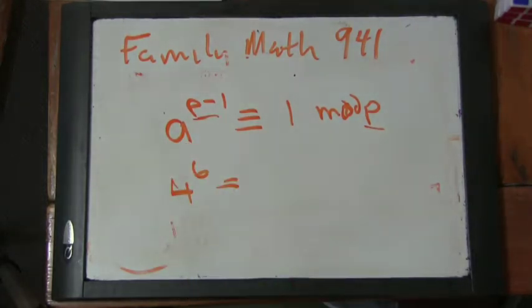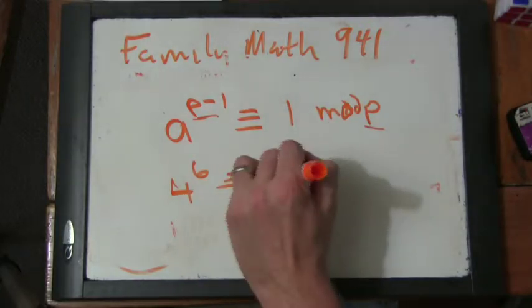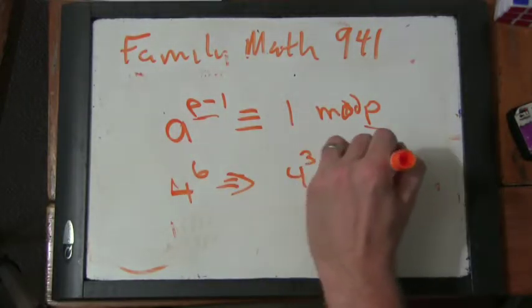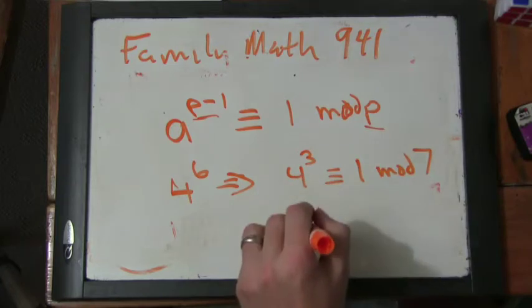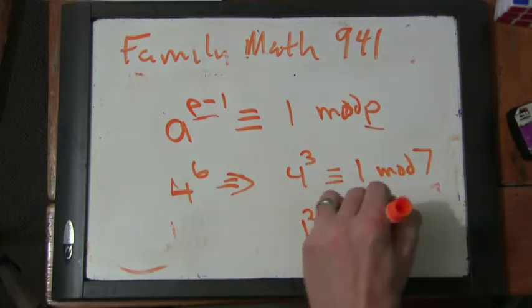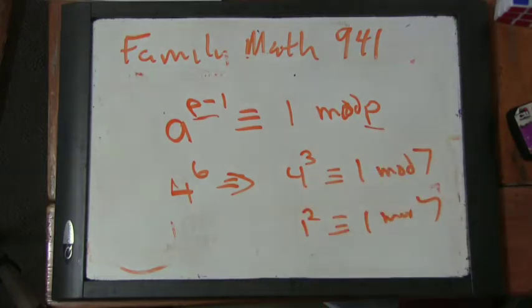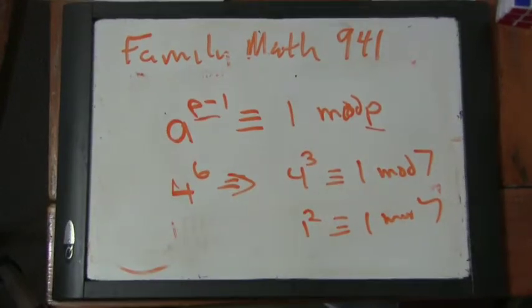But 4 to the 6th. So 4 cubed, that's 64, which we know is 1. And then 1 squared, that's just 1. Good. Alright, 5? I guess we can square 5 and then cube our result.